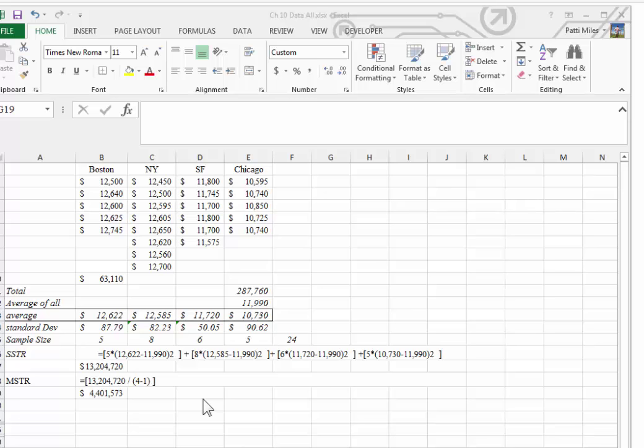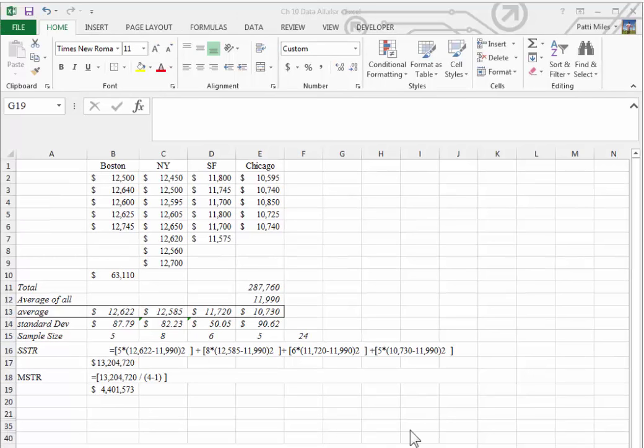That gives us the MSTR, which is, it gives us kind of an average of the variation across the treatments. So these two sort of go together, if you will. Okay, and so then what I want to do is sort of build an ANOVA table together.